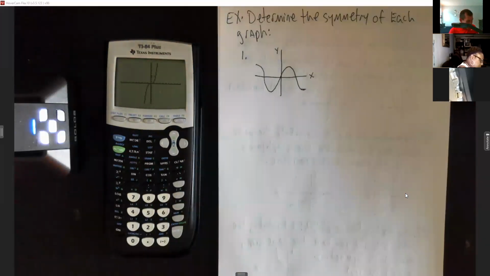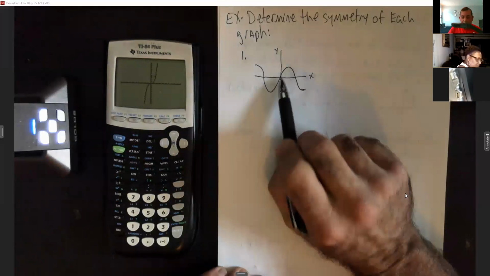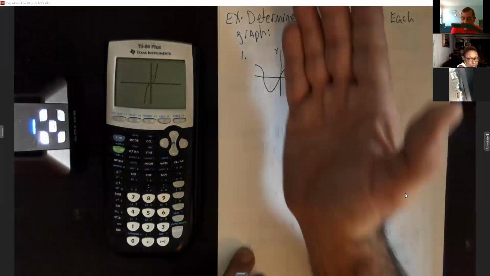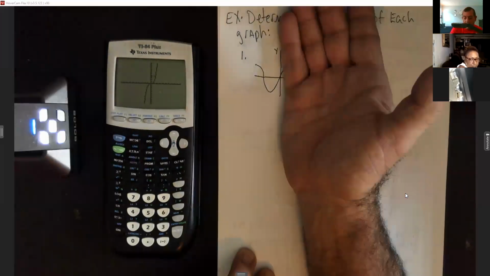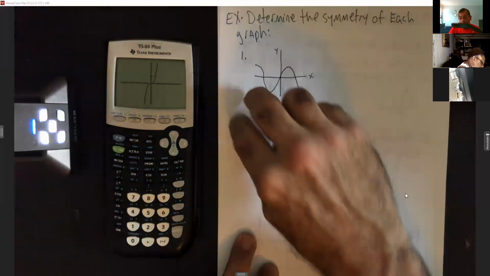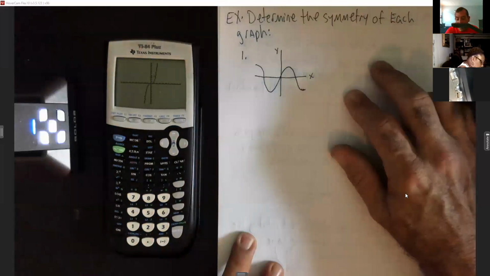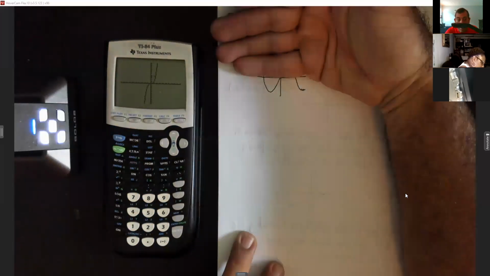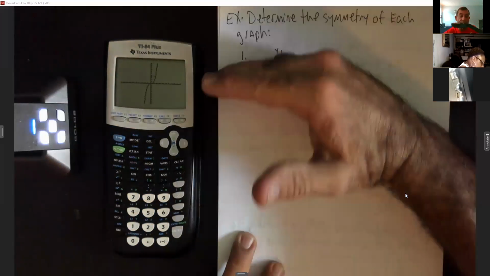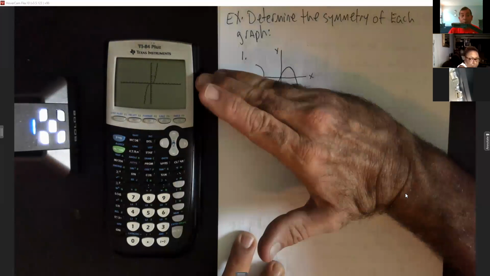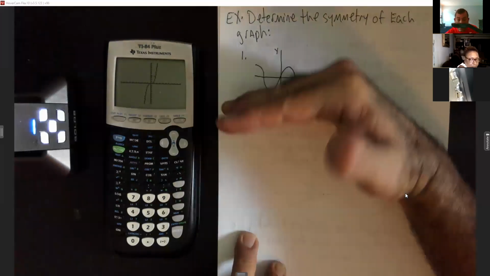It's a little tricky drawing these graphs. But this graph, I would check my Y symmetry first by folding it over. And y'all, this side does not land on this side, so it's not symmetric to the Y. Then I would check my X by folding it over the X axis, but it does not land on itself when I fold it over the X axis.